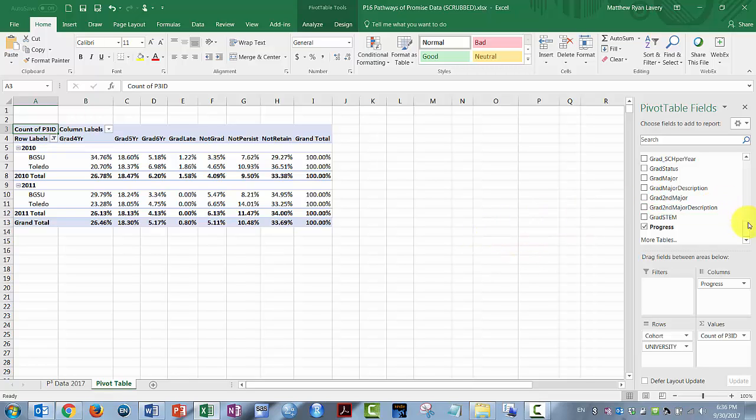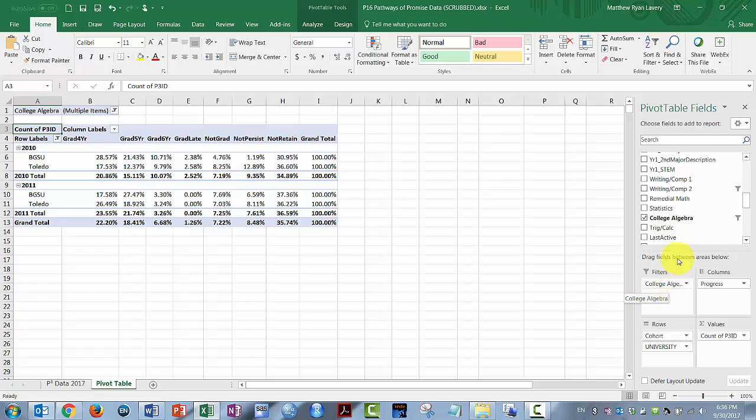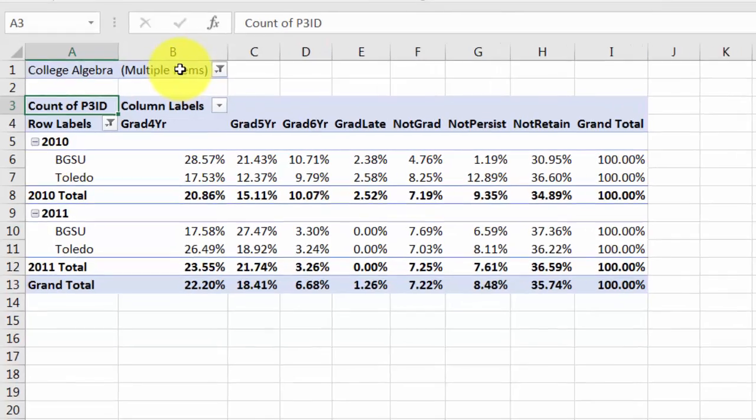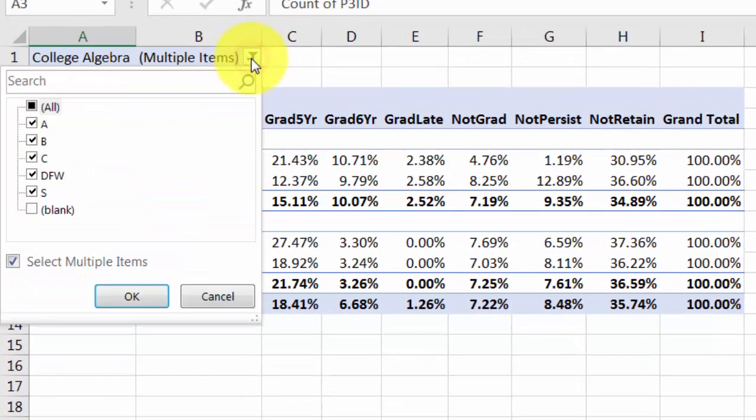Now, the best way to look at this is going to be the filters feature. So I'm going to drag college algebra into filters. Now, presently, it remembered that I unchecked blank, which is good.